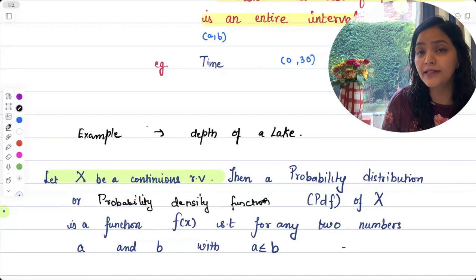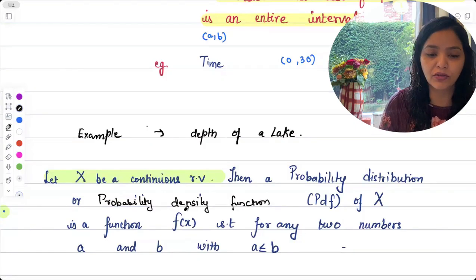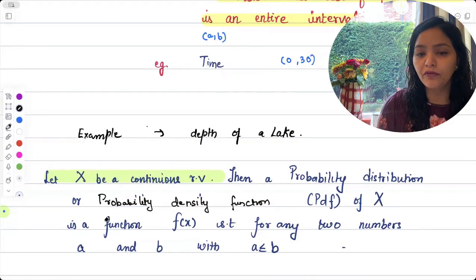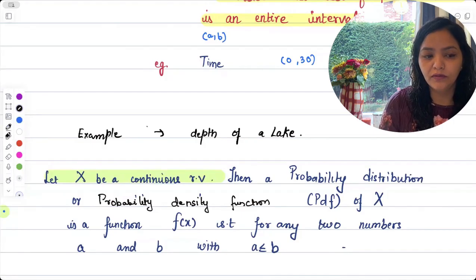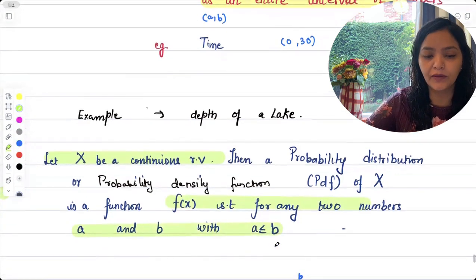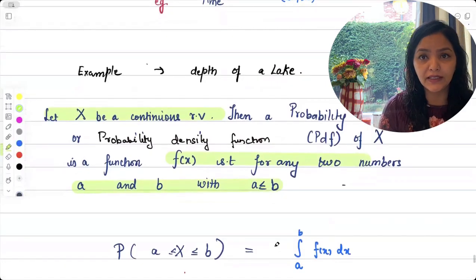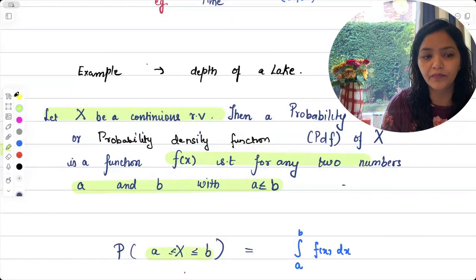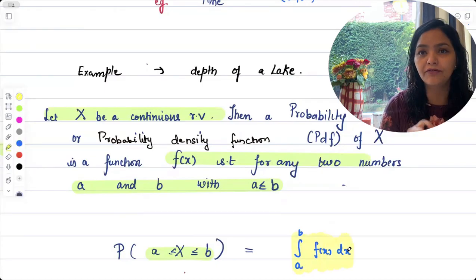You will soon realize why we have this word density here. The PDF of X is a function f(x) such that for any two numbers a and b with a less than or equal to b, the probability that X, your random variable, lies between a and b is the area under the curve f(x) dx between a and b.